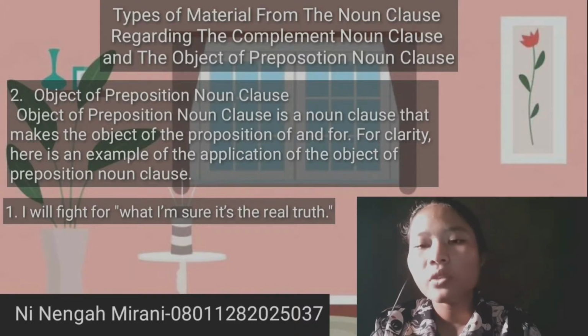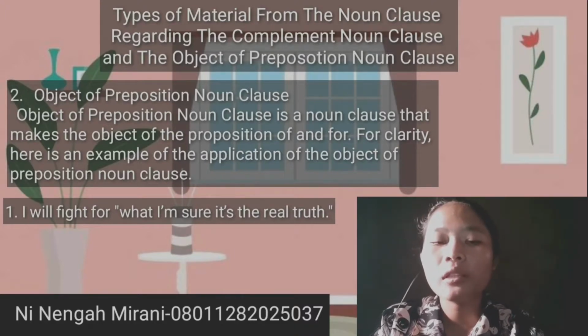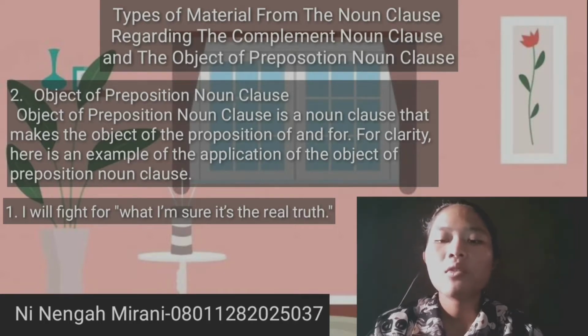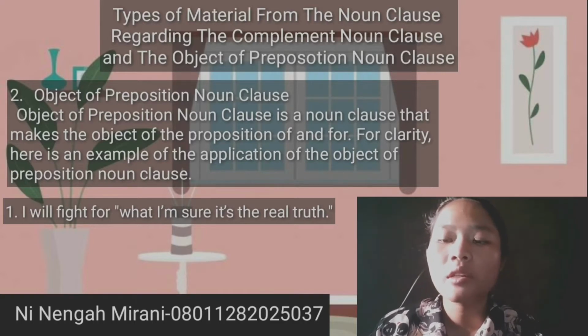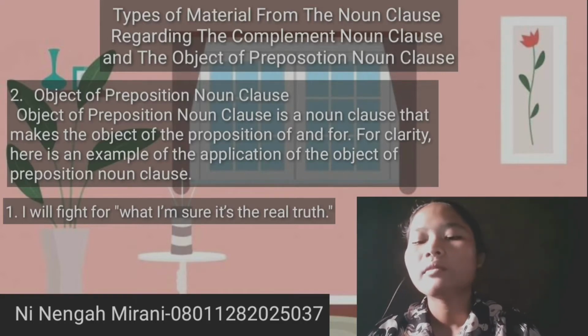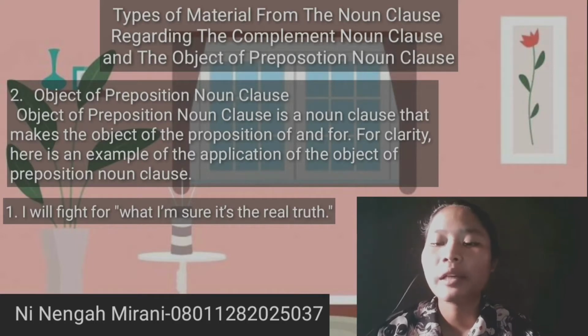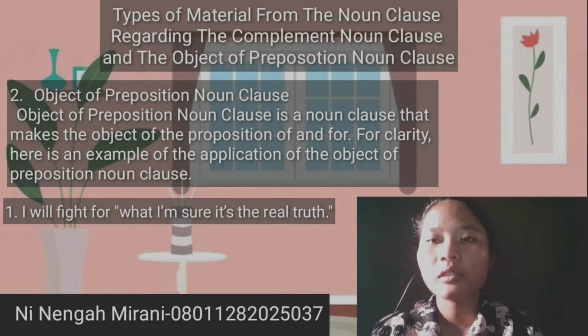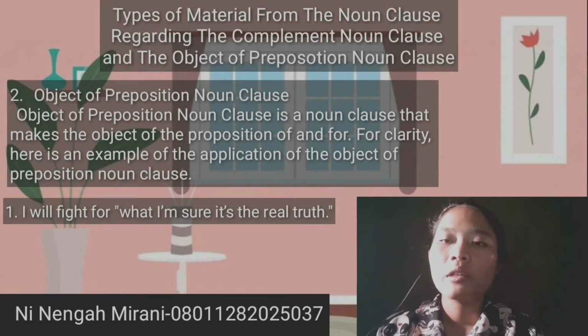Nah, itu saya bold karena dia menandakan kata dari object of preposition noun clause. What I am sure is the real truth, apa yang saya yakin itu kebenaran yang sebenarnya.